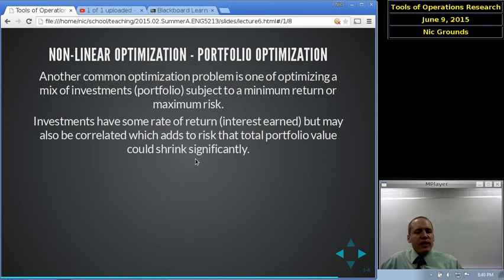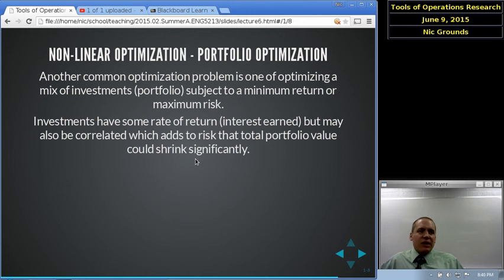However, they may also be correlated. What you don't want to do is invest in two things that are highly correlated, such that if one of them increases in value, the other one does too, but if one of them loses value, then the other one also loses value, right? Because then you're just gambling that they both go up.